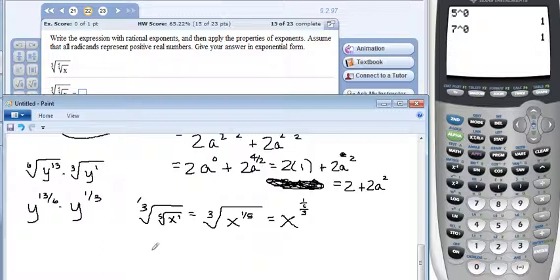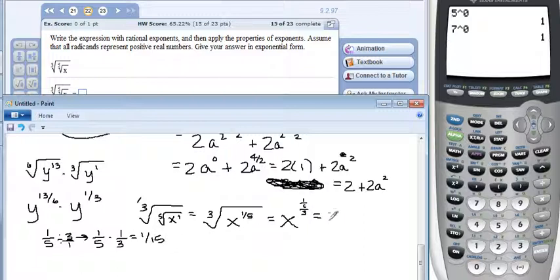Okay, so what is 1/5 divided by 3? Well, let's see what we got going on here. 1/5 divided by 3 is the same as 1/5 times the reciprocal, which is a third, right? We can always make that 3 into a 1 on the bottom. This is a 15th.